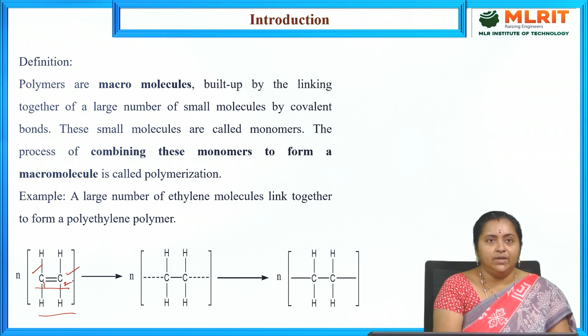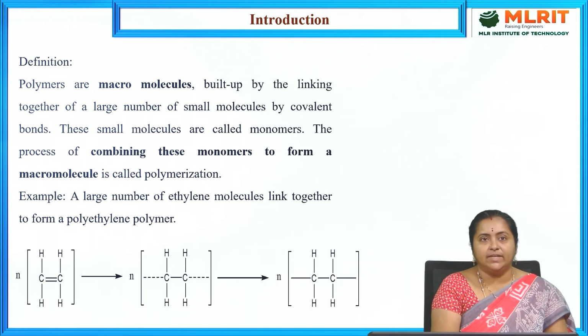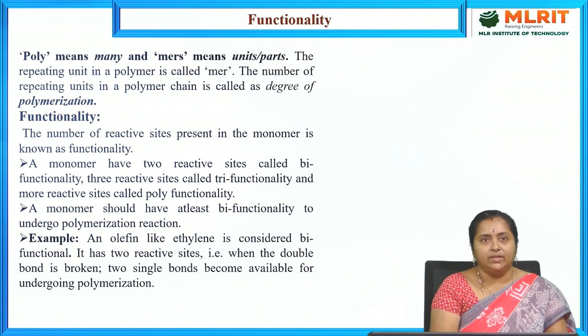So the number of bonding sites or reactive sites present in this polythene formation is 2. That's why it is named bifunctional in nature.